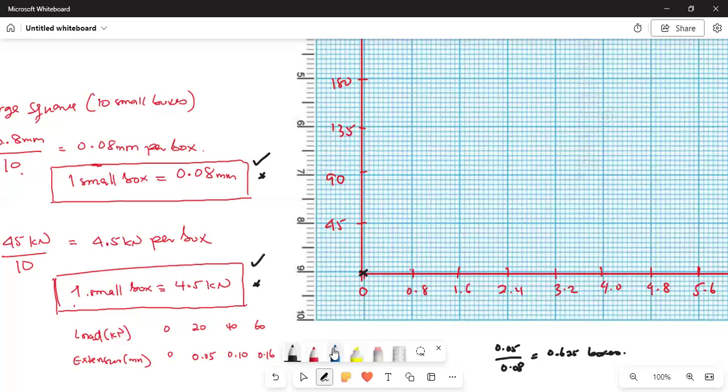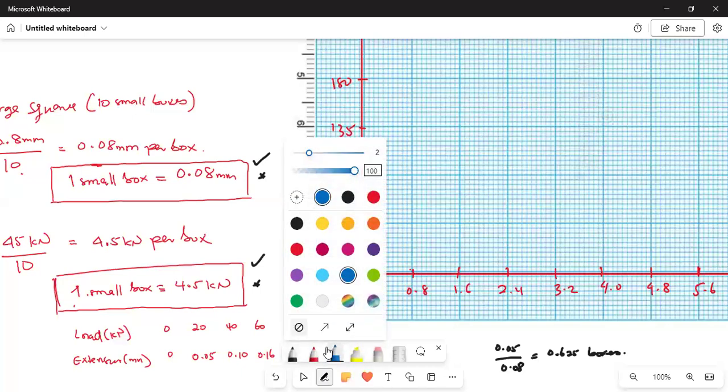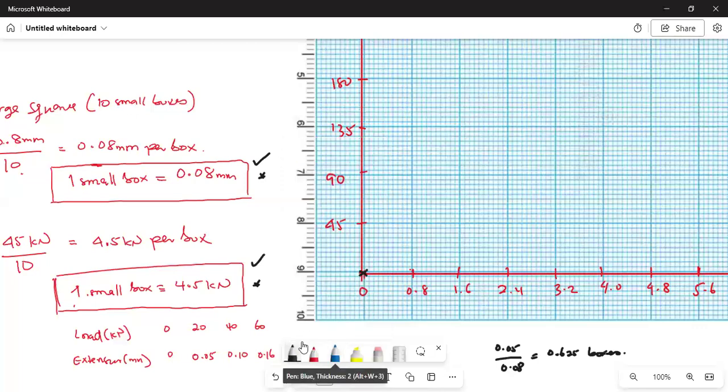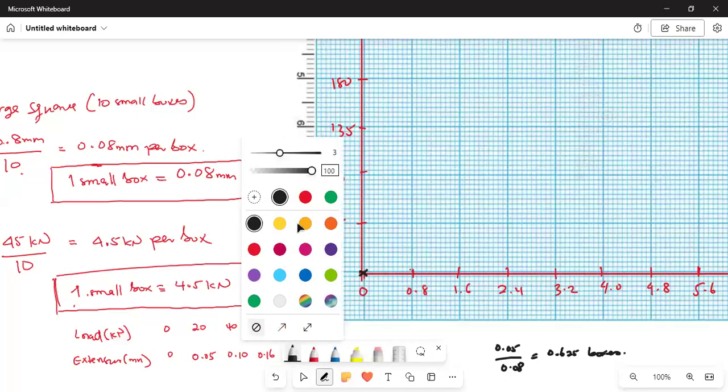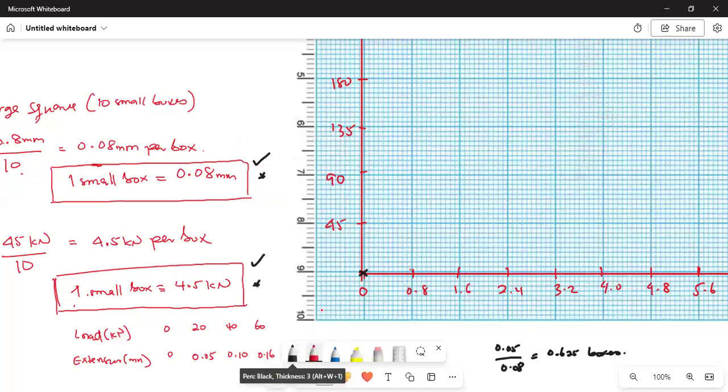So I think I need a thinner pencil. Okay, I can equally show you here. This is box, box, box. This one from here to here is one box. The middle of the box is 0.5 and so forth.